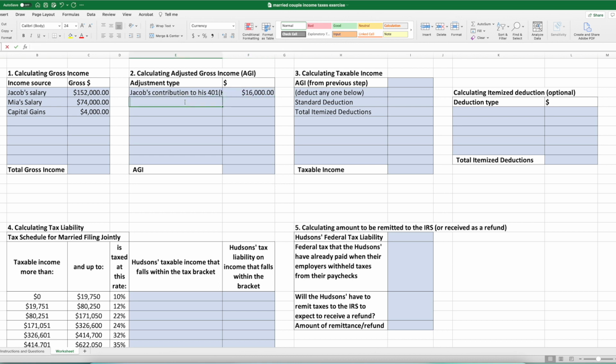Then Maya's contribution to her retirement account, which is called a 403b account, because that's what retirement accounts are called if you work for a non-profit organization, as Mia seems to be doing here. That amount is $11,000.